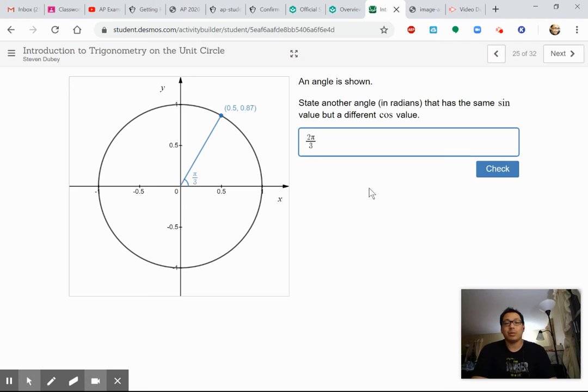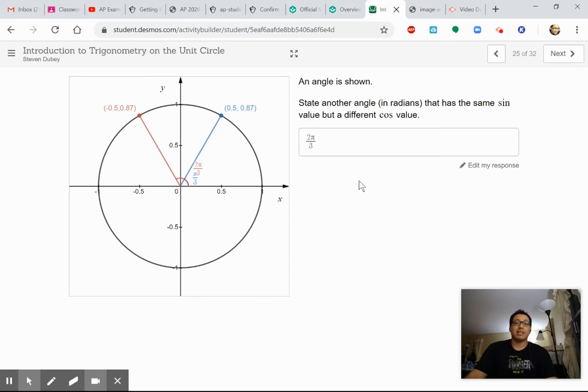It's the same thing as 2/3 pi. And we end up at this angle, which is the reflection of that. And if you notice, the y value is the same, and cosine is the negative version.